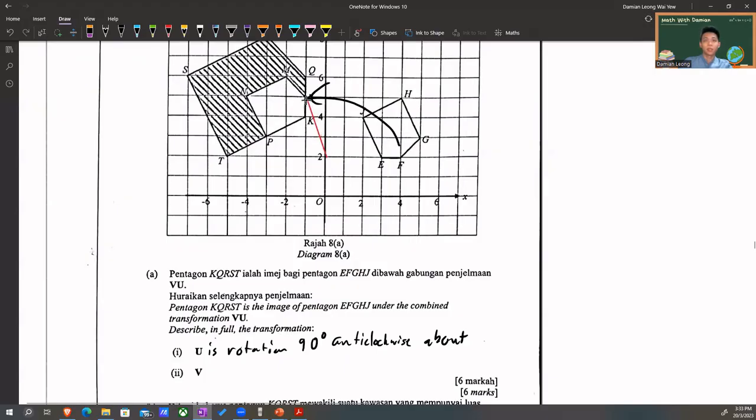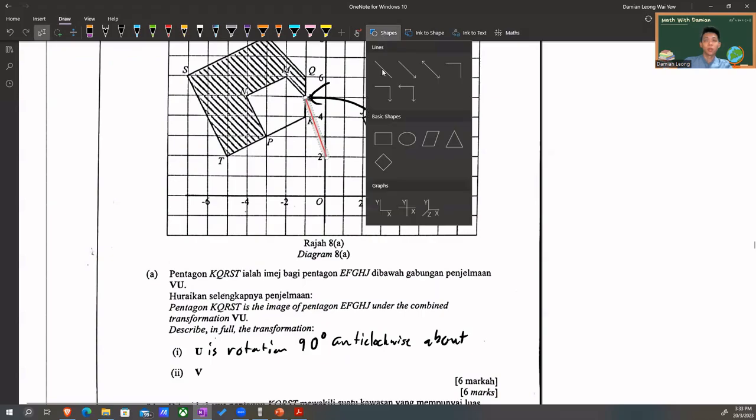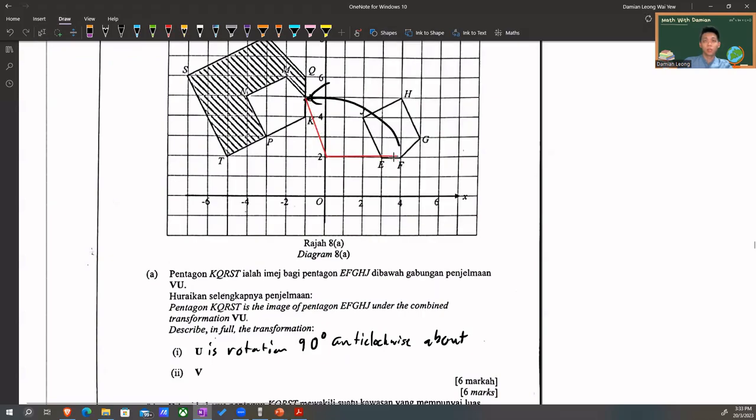Let's say if I guess it's here, if I connect to the equivalent points, equivalent corners, you can see it doesn't form 90 degrees. If I shift it, it's 90, but here is shorter than this side. If I shift it here, it's 90 degrees and same length.